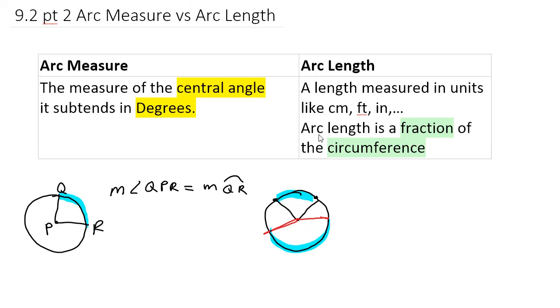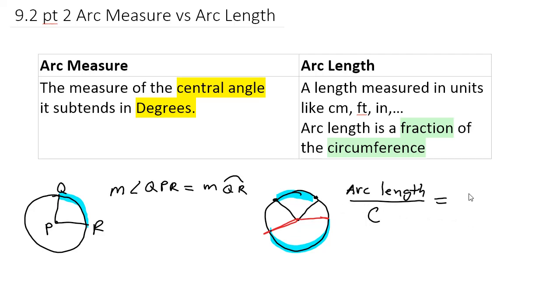Okay, so let's go ahead and write down that relationship. We're saying that the arc length is a fraction of the circumference. Now, we're also saying that it depends on how large the central angle is. That's how large the arc length will be.